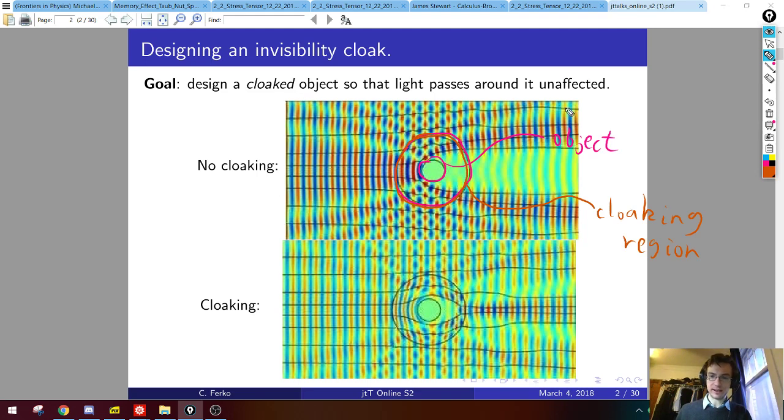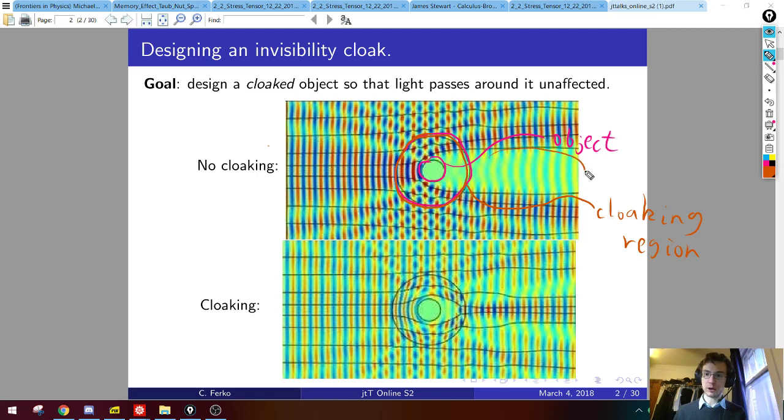The color in the plot I'm showing here represents the amplitude of some electromagnetic wave, some light. Some observer is scattering light off of our object, and I'll explain that in more detail shortly. But let me contrast what usually happens with no cloaking with what we would like to do. Usually, if this object is just sitting here and it's an ordinary object made of everyday materials, when you send in some light, the alternating blue and red here represent oscillating waves of visible light, and that light interacts with the object in a fairly obvious way.